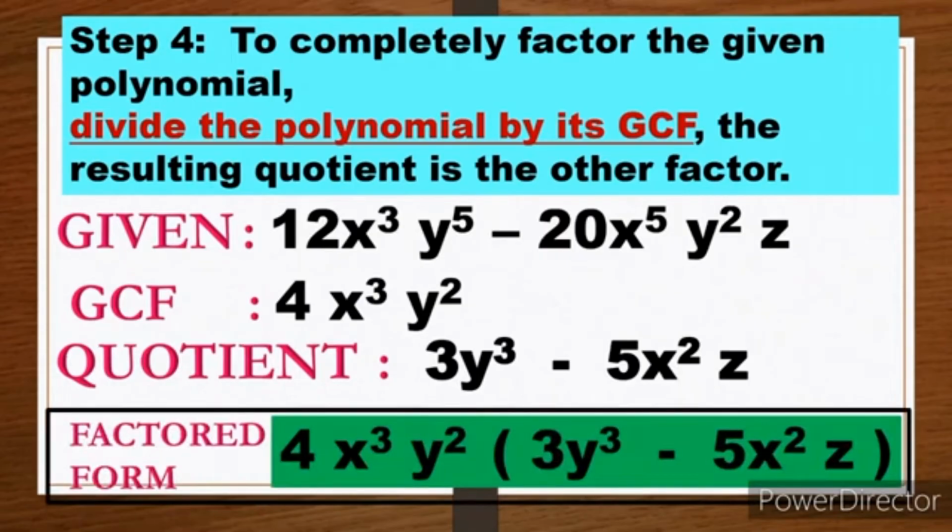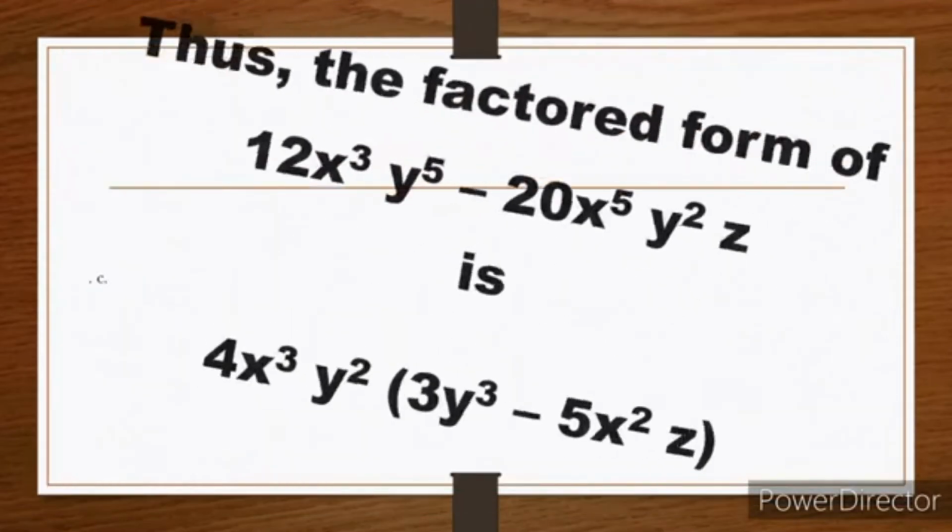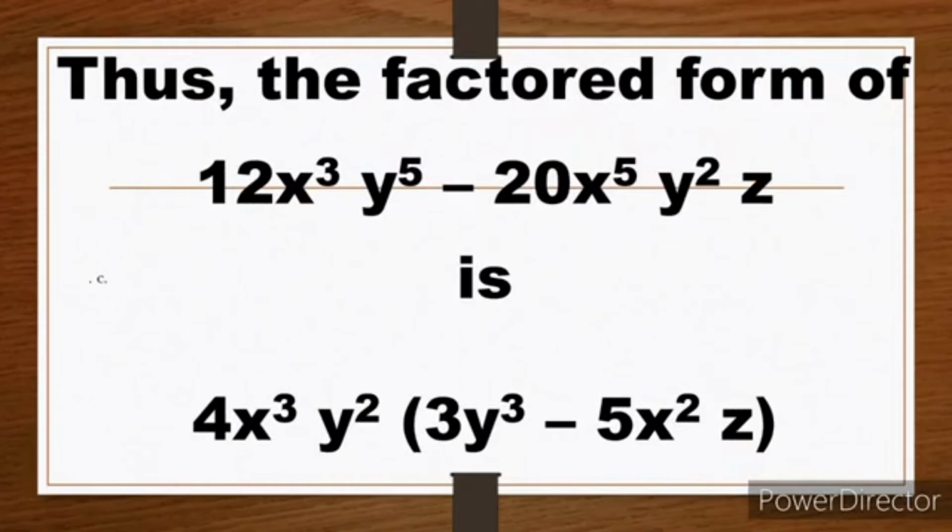So the factored form is 4x cubed y squared times 3y cubed minus 5x squared z. Thus the factored form of the given polynomial is 4x cubed y squared times 3y cubed minus 5x squared z.